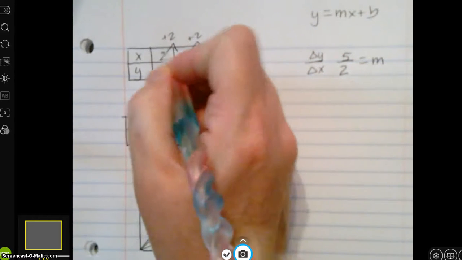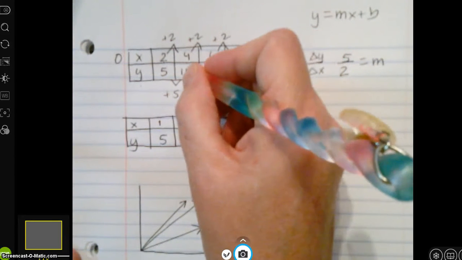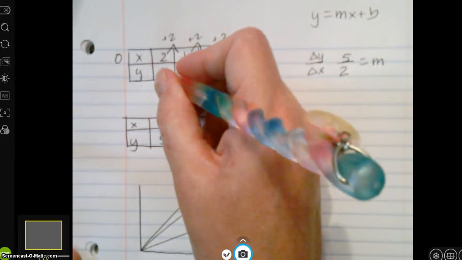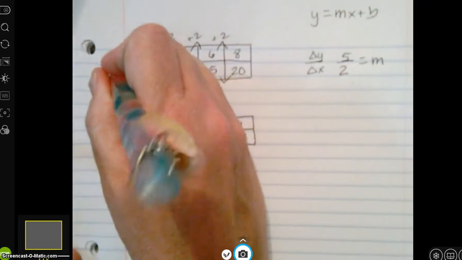So let's take our table back, follow the pattern, 8, 6, minus 2, 4, minus 2, 2, minus 2, 0. Okay, I'm going backwards by 2 each time. How about here? 20, 15, 10. You can tell each time I'm subtracting 5 when I go backwards, 5 minus 5, which is 0.